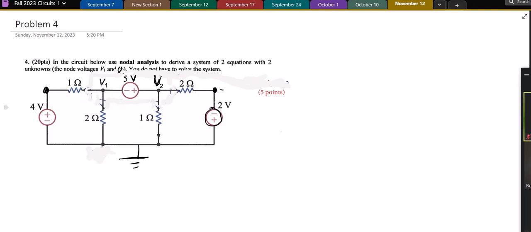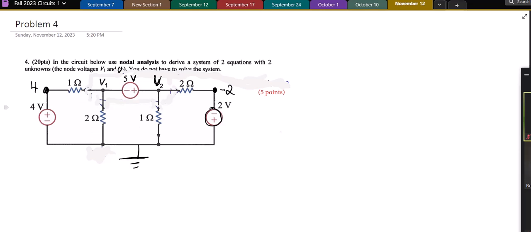So if I call ground 0, the voltage at the top right here is -2. Similarly, on this side, the top has to be 4 more than the bottom, so the voltage right there is 4. So that's the first thing you want to do: figure out whatever voltages you can label relative to whatever you decide to make ground.